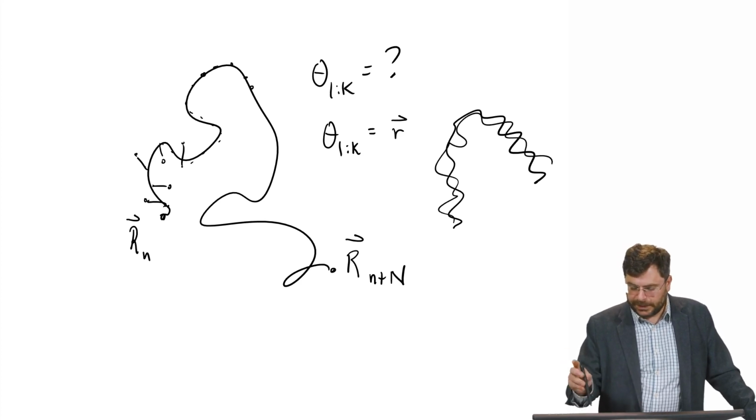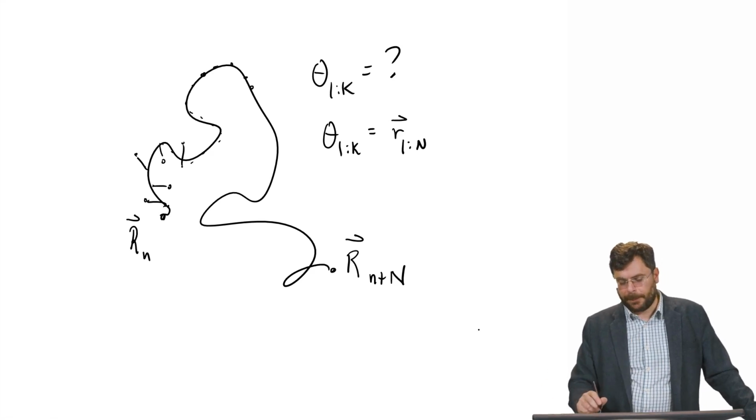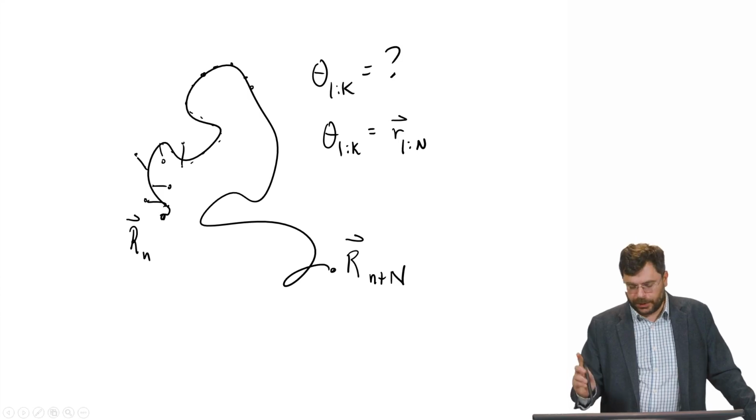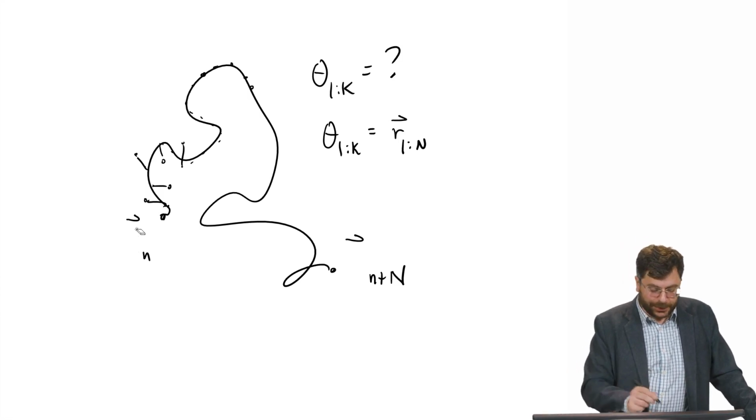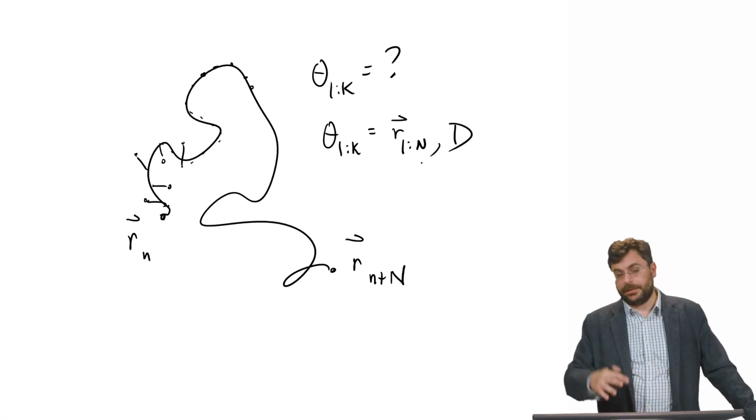So maybe something that I'd like to learn would be the positions of all the particles. And realistically speaking, since these are realized positions, I suppose I can call them small r. Maybe I might want to learn the positions of all particles and, on top of it, the diffusion coefficient.